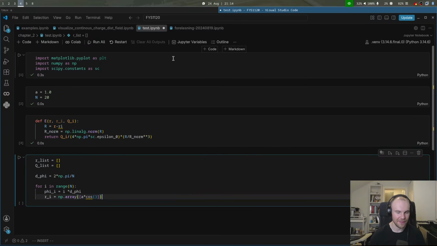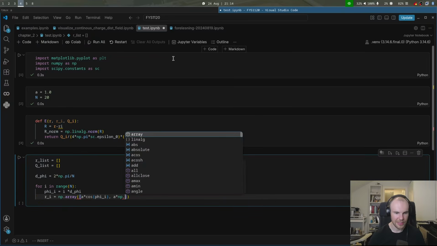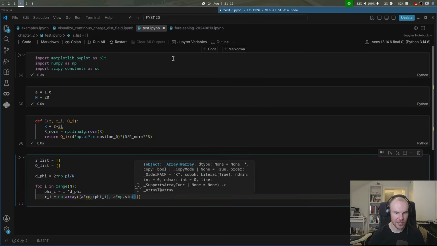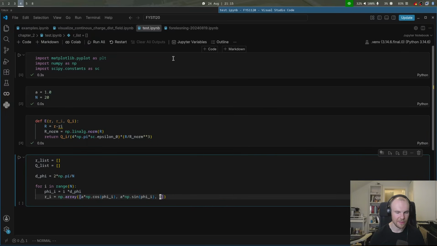Yeah, that should be very much correct. So that's just np dot sine of phi i, and I want the other to be np dot cosine. Right, this should be pretty good.